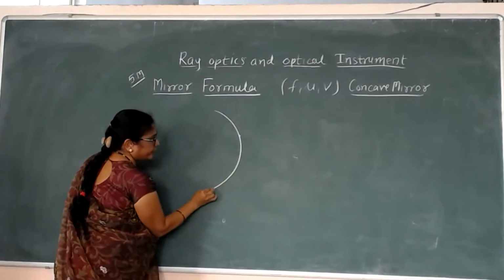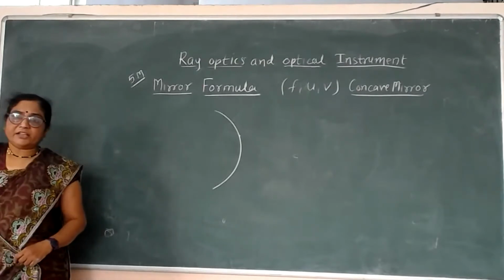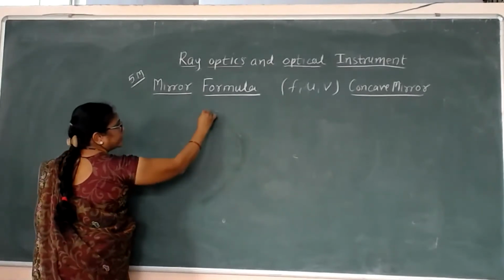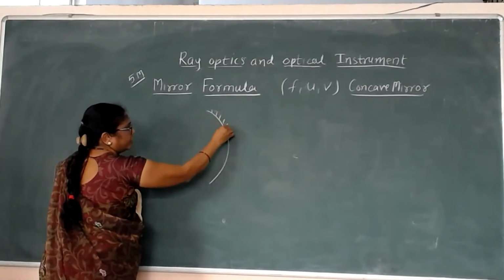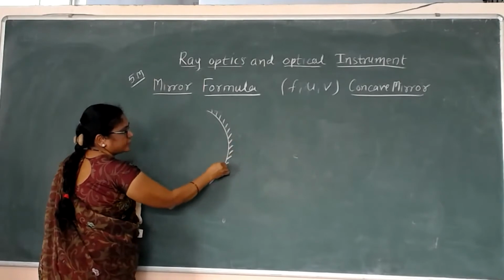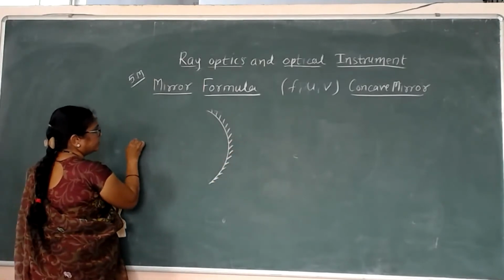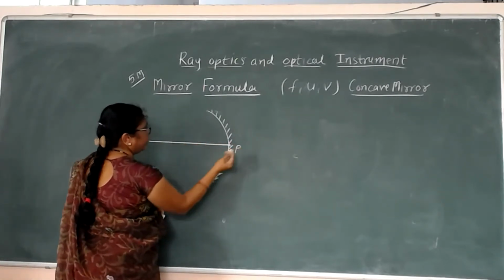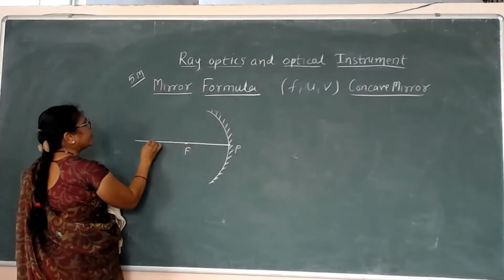So take the concave mirror, and in this concave mirror take the object. The polished surface is on the outside. Draw a straight line which passes through the pole, principal focus and the center of curvature.